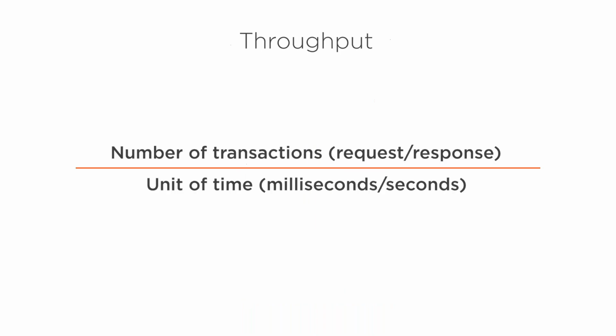So what is the throughput formula? I think most of you must be comfortable with it. Throughput means the number of transactions, which is a request and a response, by unit of time, in milliseconds or seconds. Typically you will get the percentage of traffic per millisecond or something like that.